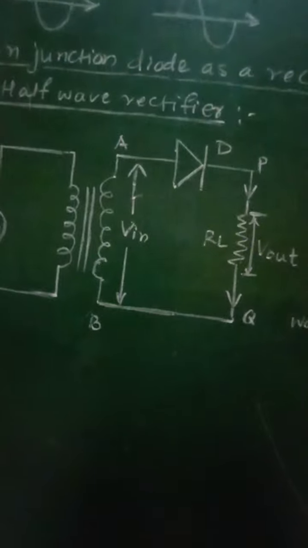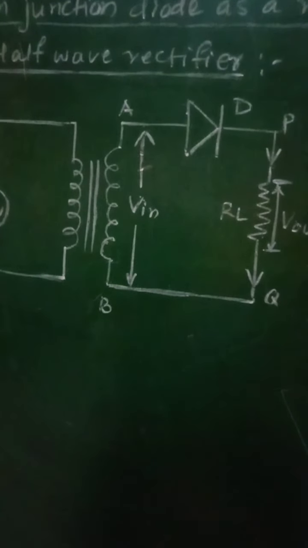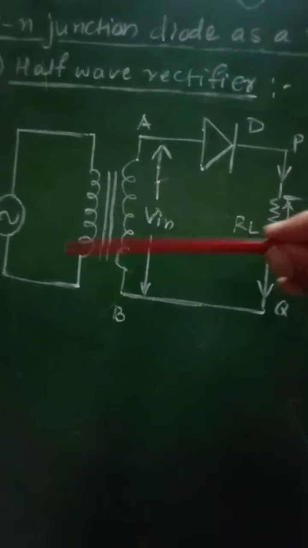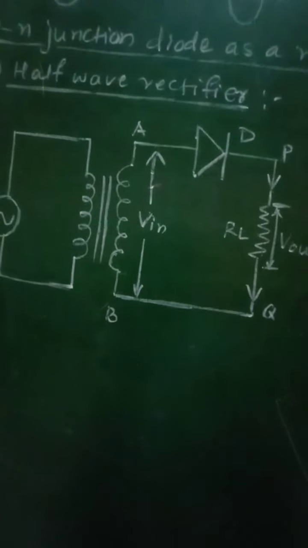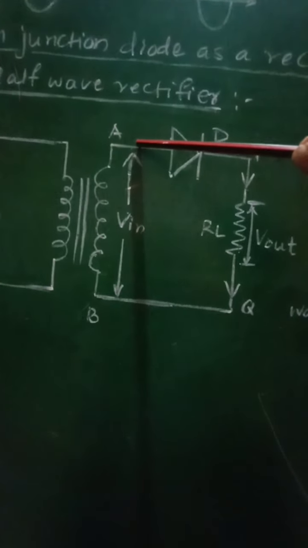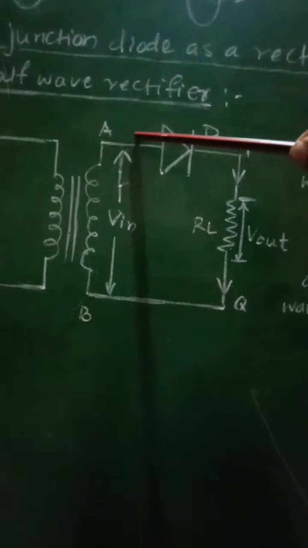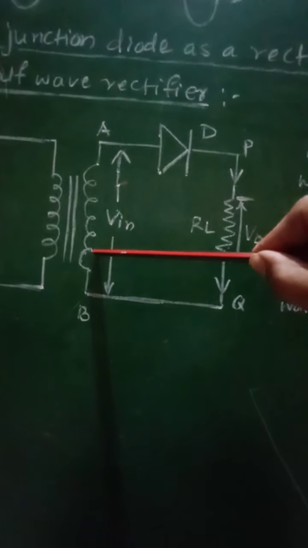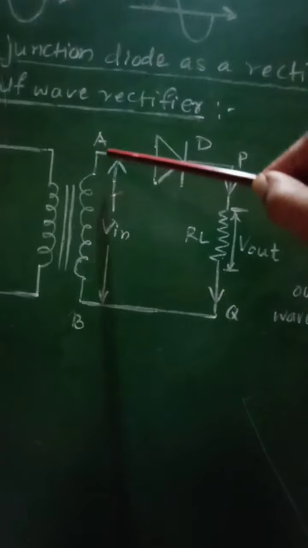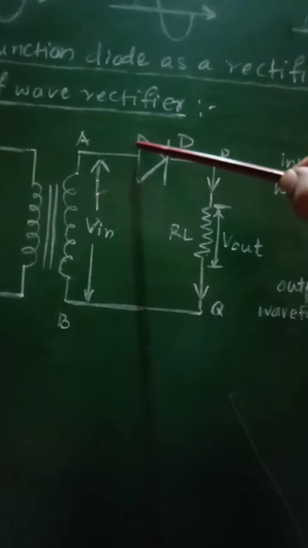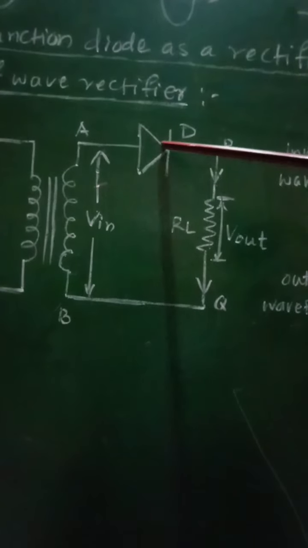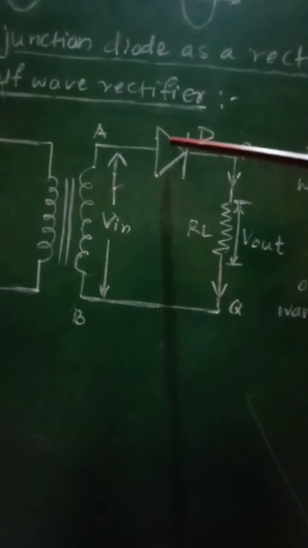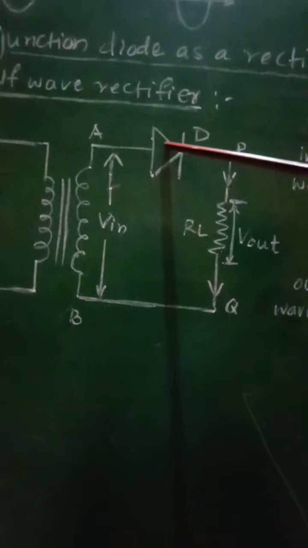Now suppose you consider the first positive half cycle. When the positive half cycle begins, the voltage at point A is at higher potential with respect to point B, and therefore, as the positive terminal is connected to the P region of the diode and the negative terminal is connected to the N region of the diode, this diode D will be forward biased.